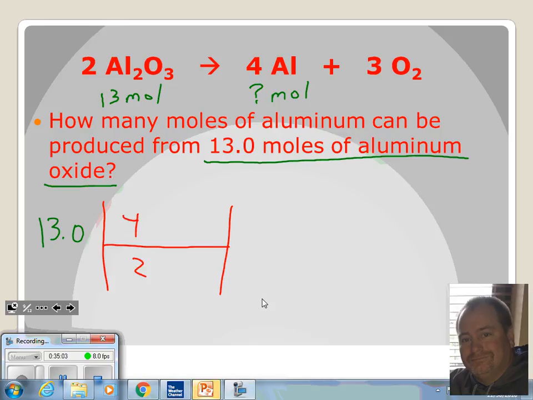Now, does that tell me right there that I got to cancel? No. If I plug it in my calculator wrong and put 2 over 4, do I see anything about that cancellation without that label there? No. That's why I've been telling you to use the conversion box and use labels. Don't just plug this junk into your calculator.